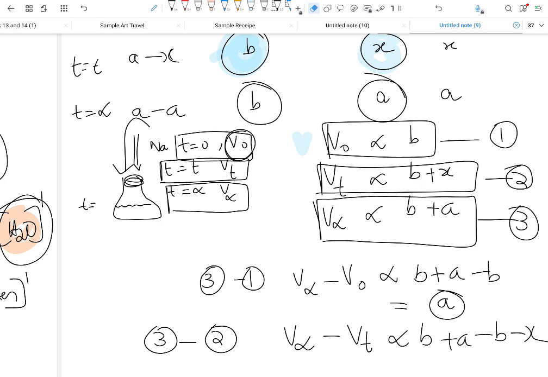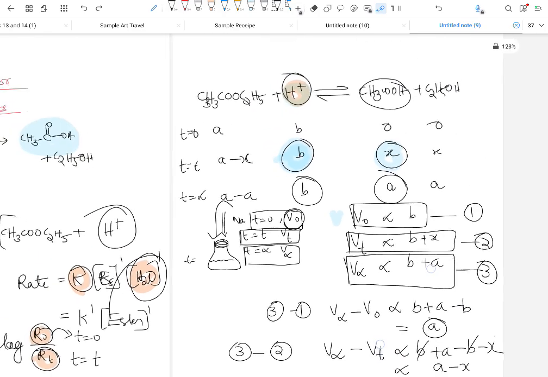So now B and B cancel, and you get A minus X. So we got the proportionality: A is directly proportional to V infinity minus V0, and A minus X is directly proportional to V infinity minus Vt, correct?